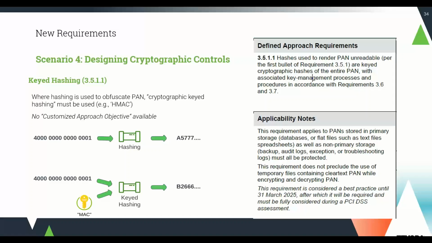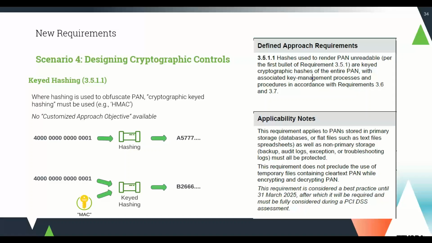And what this does is, if an attacker was able to exfiltrate the hash values of credit cards within your database in order to brute force and make attempts to guess and match those cardholder data values, they would need to have the key as well.